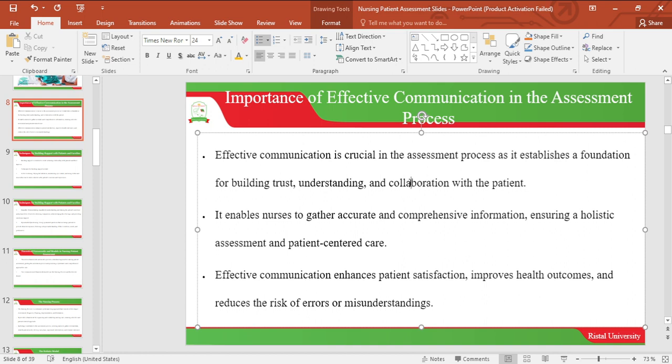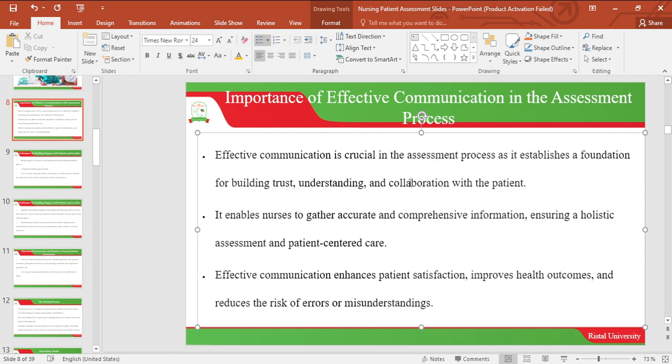Effective communication is crucial in assessment because it establishes the foundation for building trust, understanding, and collaboration with the client. In other words, it helps in building up a what? A rapport.